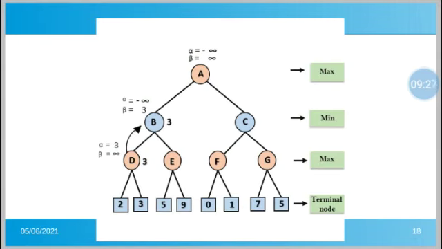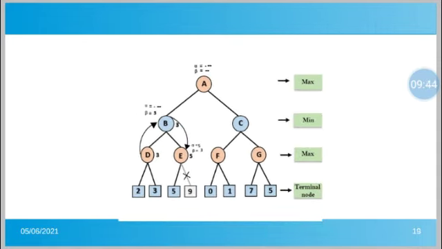So eventually beta is going to choose 3 because it is the minimum. So in this case, the leaf node 9 gets pruned, because they are not going to use it, so 9 will get pruned. So this is how it works.